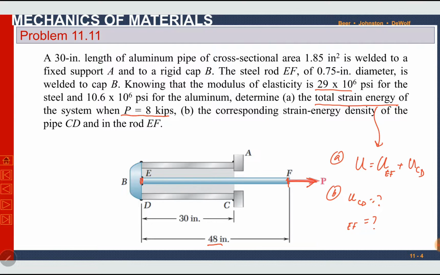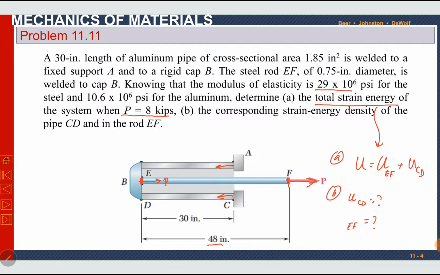This rod is pushing the pipe CD inside or towards right side, and this weld is pushing it towards the left. So the pipe CD or pipe AE, both are same actually. This is whole pipe cross section is shown. This pipe CD is under compression and rod EF is under tension.